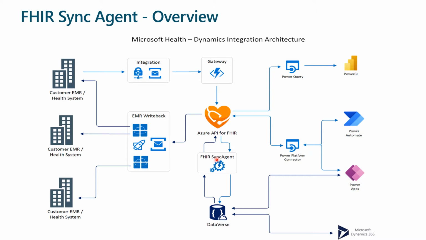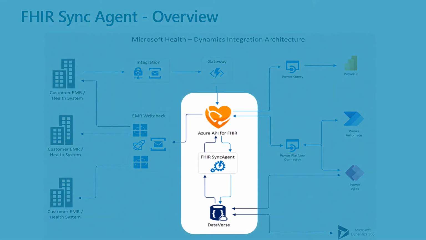Once the data is in Dataverse, you could leverage the power of Microsoft Power Platform. Applications built on the Dynamics platform make use of Dataverse and can operate without needing to make REST API calls directly to Azure API for FHIR.